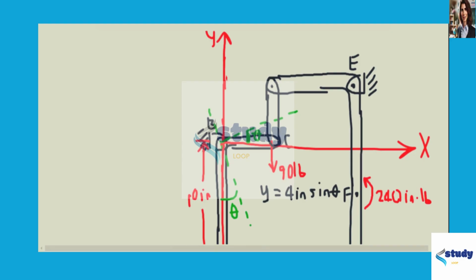So my next task is that if this right here goes up, y equals 4 sine theta. If that goes up, y equals 4 sine theta, then what angle would this be?